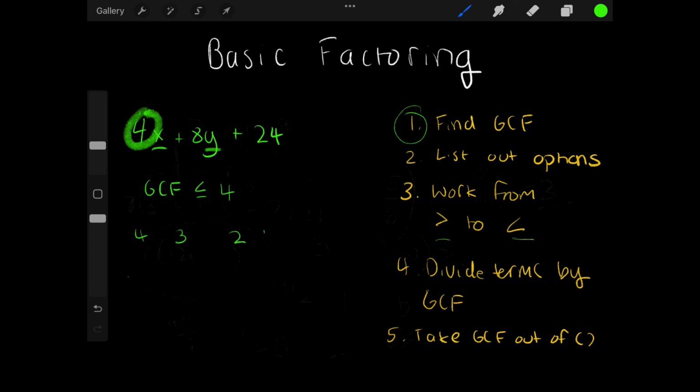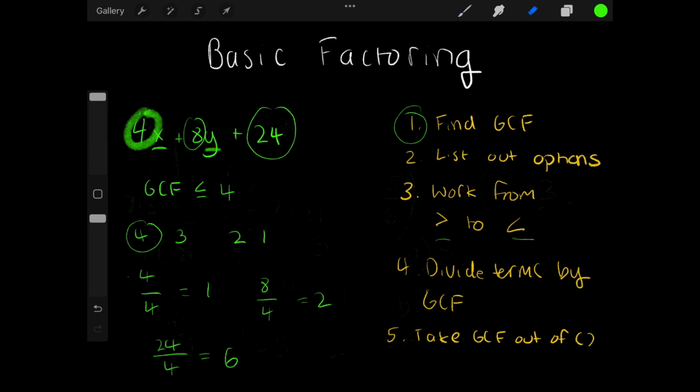We list them out, and now we work backwards. Does 4 work? 4 over 4 equals 1. 8 over 4 equals 2. And 24 over 4 equals 6. So 4 is indeed our GCF.